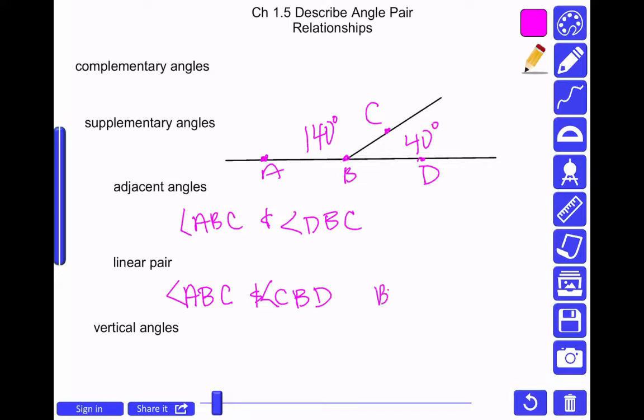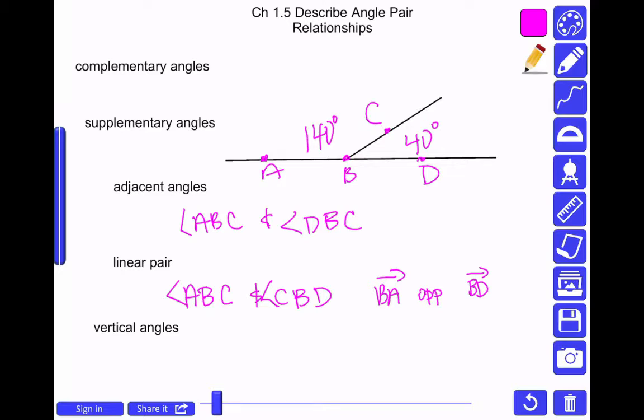So ray BA is an opposite ray of ray BD. And those are the rays that they don't have in common. So it shares ray BC, but the other rays of the angles are BA and BD, and those are in fact opposite rays. So a linear pair are two angles that are supplementary and adjacent. Probably should write that down.